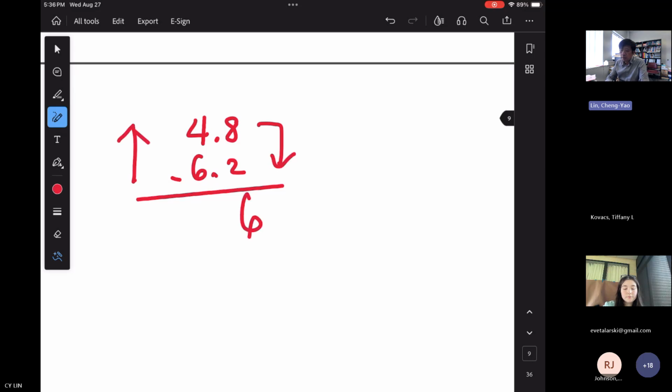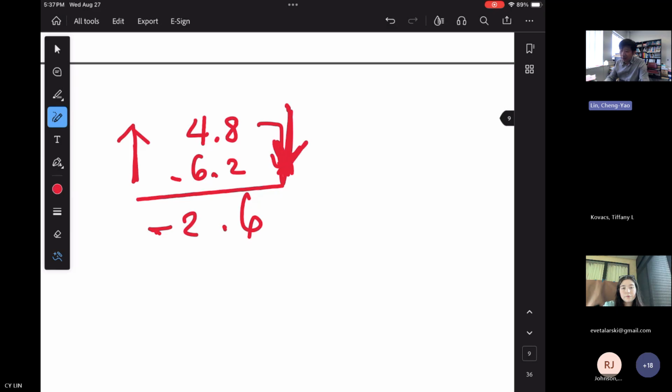And then I take 6 minus 4, I got 2. So the answer is negative 2.6, correct or wrong? It's wrong. You cannot create your own algorithm.